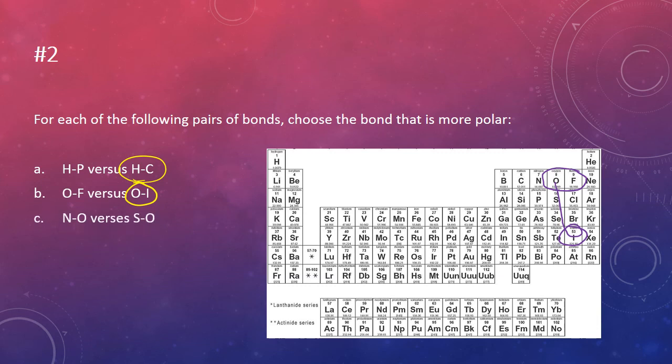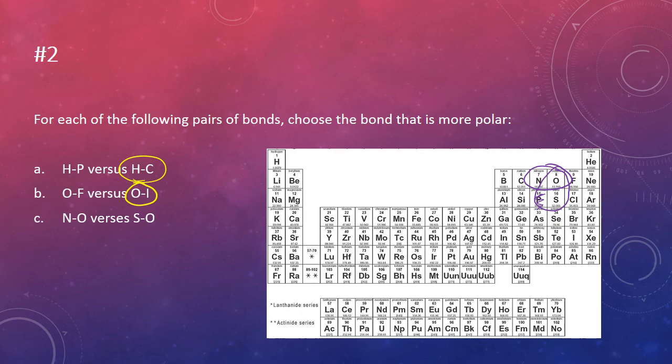Nitrogen and oxygen versus sulfur and oxygen. Well, let's find these guys on the periodic table. Here we have nitrogen and oxygen. Here we have sulfur and oxygen. Well, I didn't mean to include phosphorus in that.